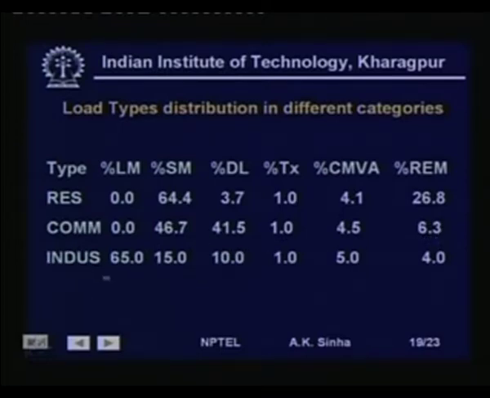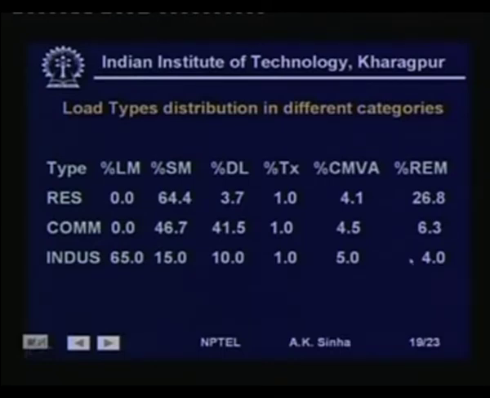For the industrial sector, large motors form the major portion of the load, around 65% of the total load. 15% of the load is small motors, around 10% is lighting load, 1% is transformer kind of load, 5% is constant MVA load, and 4% is the remaining different kinds of loads that we have.